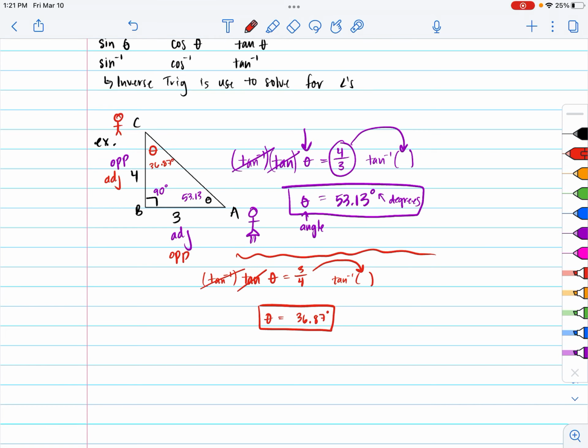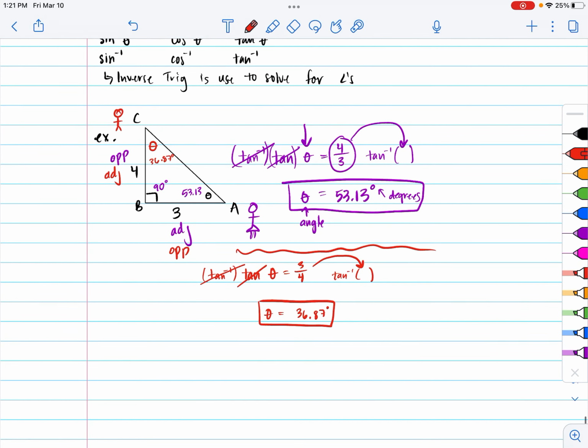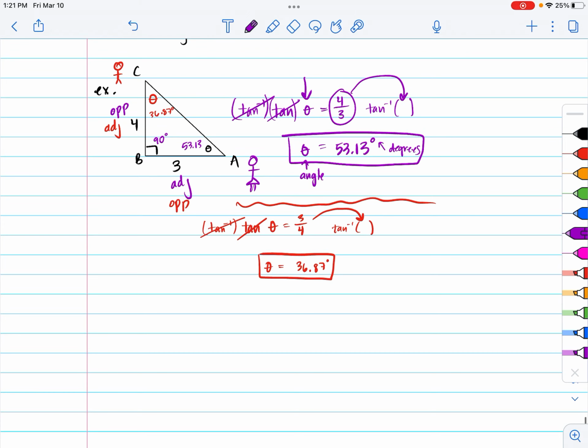Now, one other piece I want to show you to this is, what if I actually put that 5 there? I'm going to actually redraw this problem. I'm going to do the same order, 3, 4, 5. I'm going to use the same perspective, the same original angle theta from our A, B, and C. Okay?